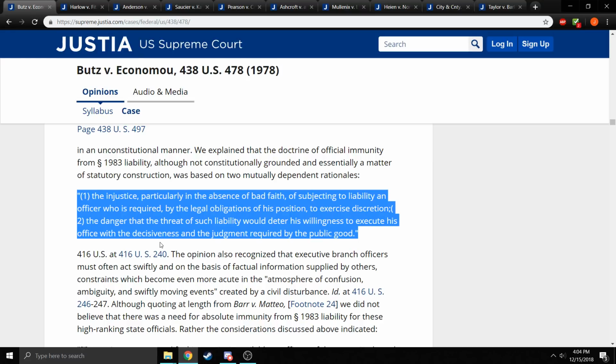The injustice, particularly in the absence of bad faith, of subjecting to liability an officer who is required by the legal obligations of his position to exercise discretion, and the danger that the threat of such liability would deter his willingness to execute his office with the decisiveness and the judgment required by the public good.